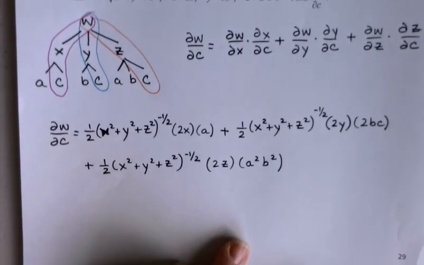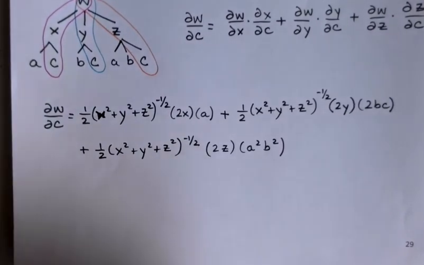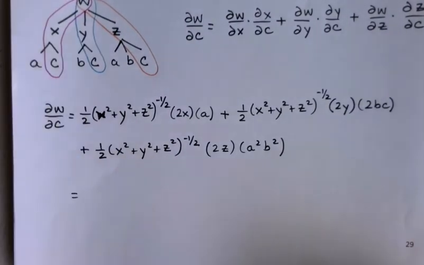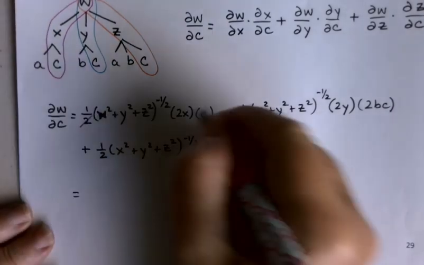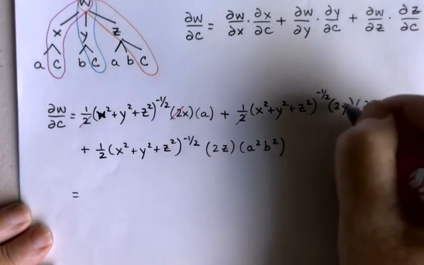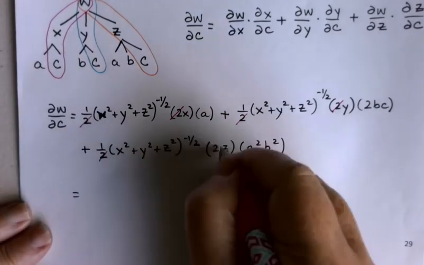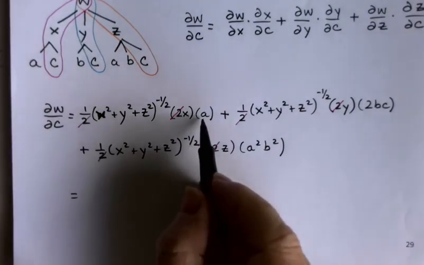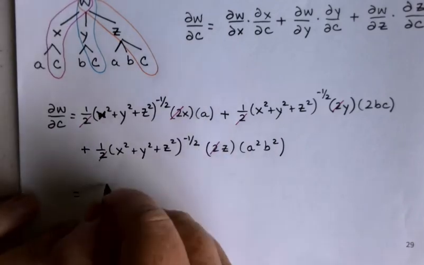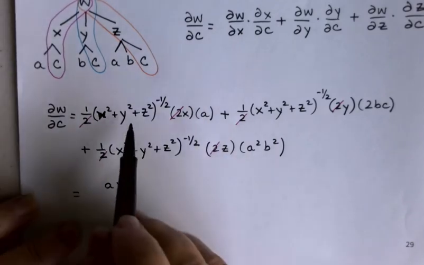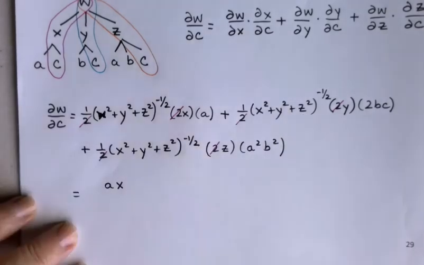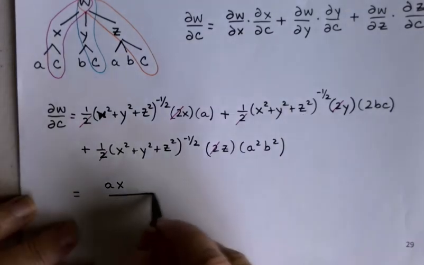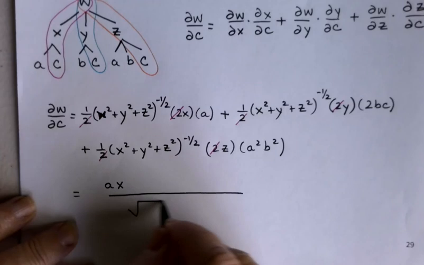All right, this is not going to get beautiful, but we can maybe make it just a little bit prettier and get rid of all these 2's for starters. And let's see, this is going to be xa, or ax. And notice that that negative 1/2 power is part of every single term, so I'm just going to go ahead and put that as a common denominator.